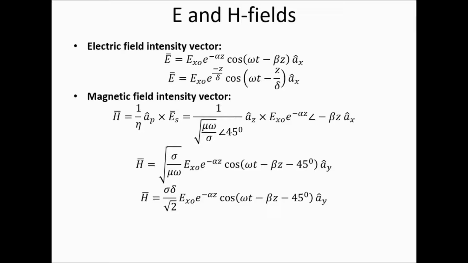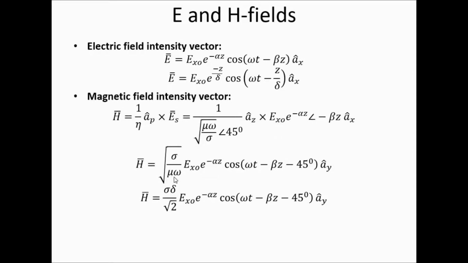If we want to find the magnetic field intensity vector, we can apply the formula 1 over eta, a_P cross E_s, and we replace eta with the expression in terms of mu, epsilon, and sigma. The wave is propagating in the positive z-axis, and we can write it with Ex0 in the frequency domain.